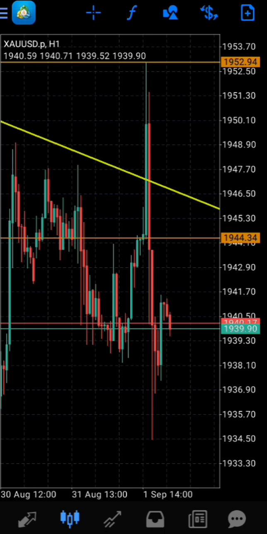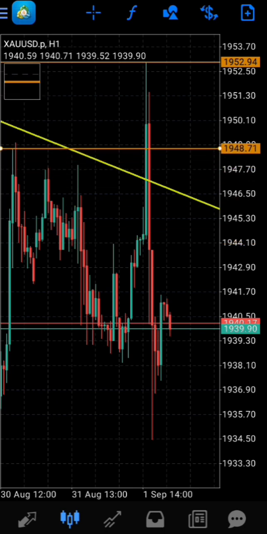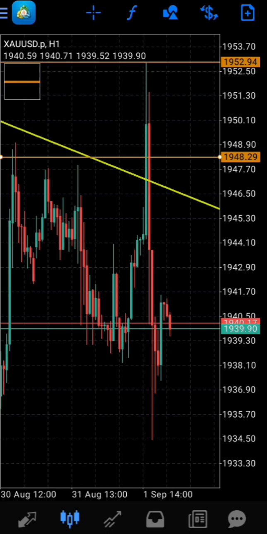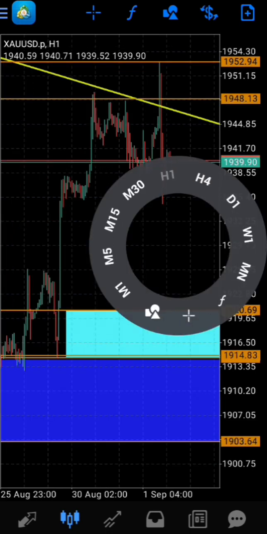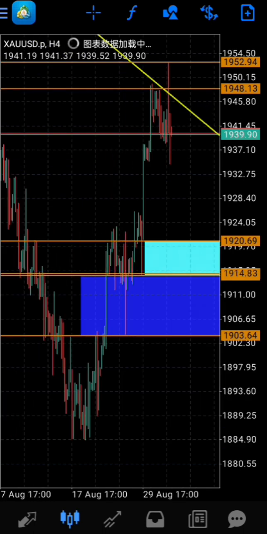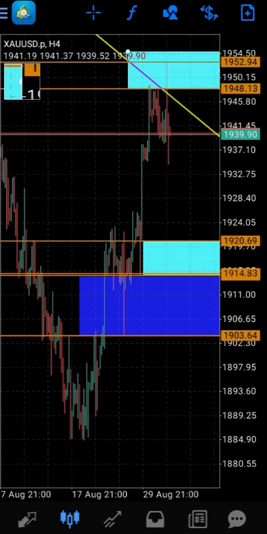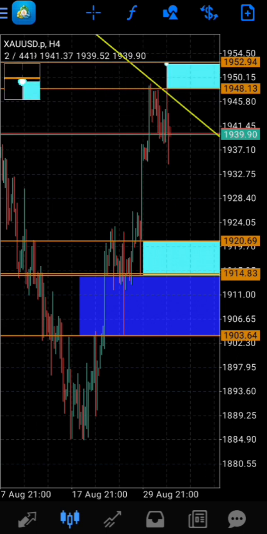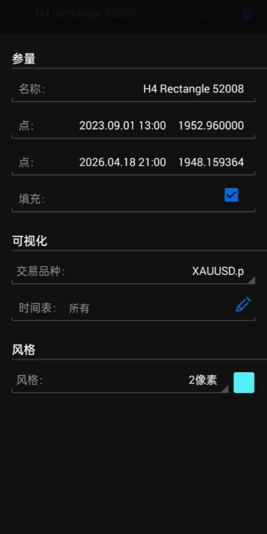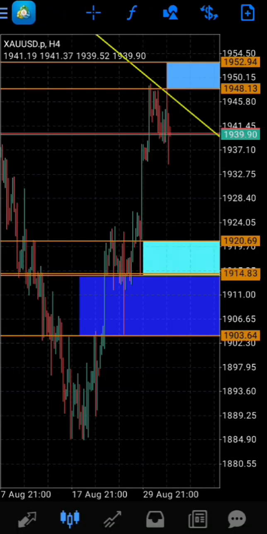The zone is big, so we cut it into half and give some more space. Easy to understand. Then we mark the zone using a rectangle. For sell, I'm going to mark the zone using light blue.